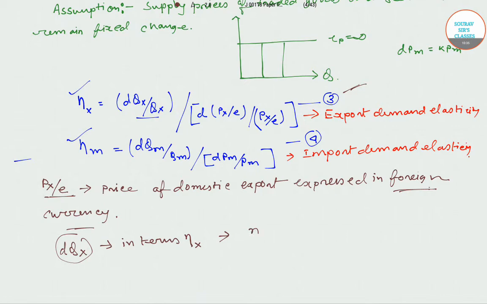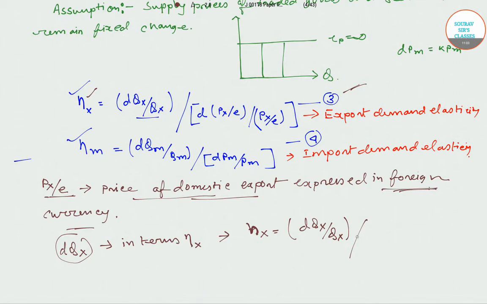For this we'll write down Nx. So as you can see, this is elasticity of export equals to, we will simply write down Px, which is written here, divided by price of domestic export in terms of foreign currency.